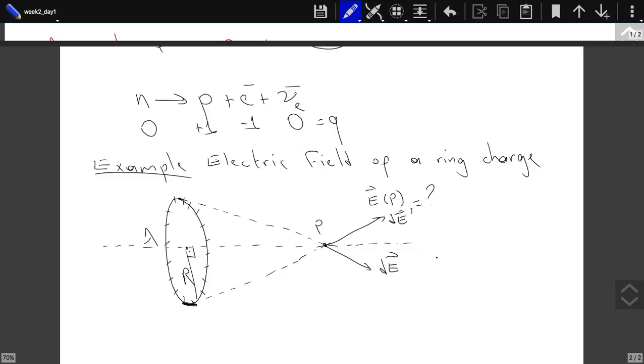The distance of this point from these two segments is equal. And if we assume that we divide this ring into segments of equal length, the charge in each of these segments will also be equal. That means the magnitudes of the electric fields created by those very small segments will be equal.